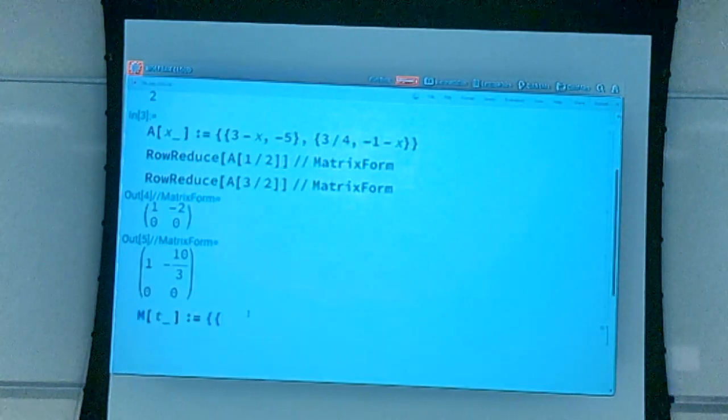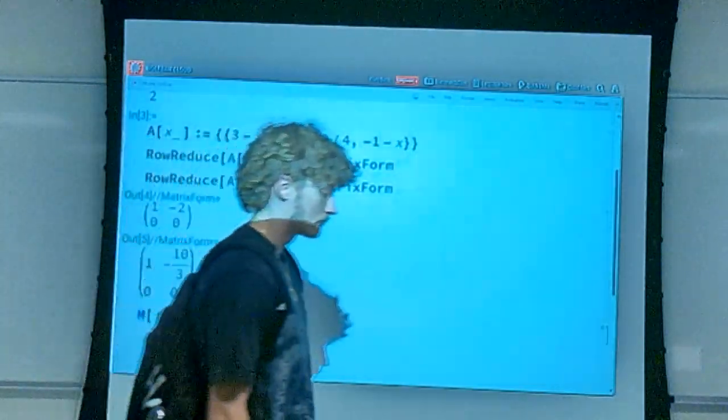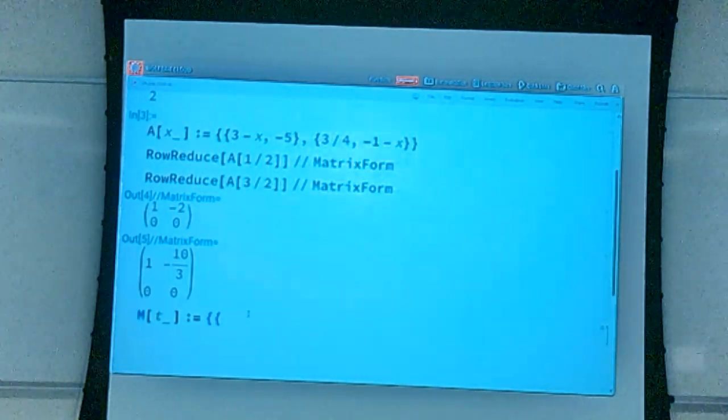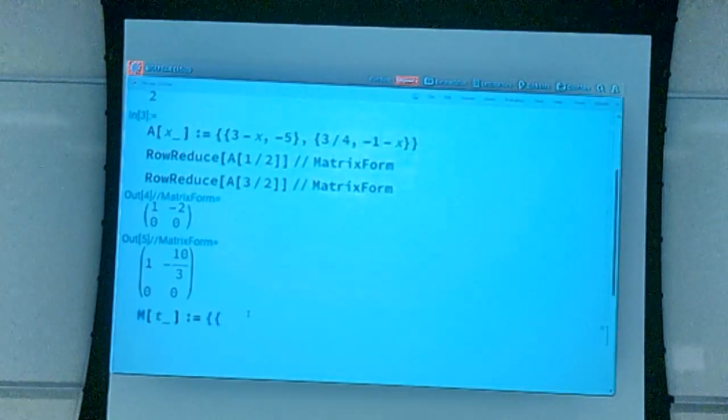First eigenvector, 2, 1. Second eigenvector, 10, 3.